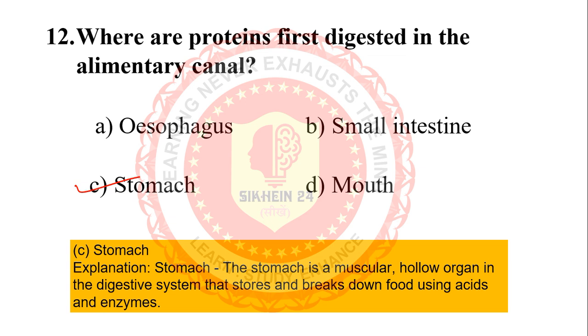The stomach is a muscular, hollow organ in the digestive system that stores and breaks down food using acids and enzymes. How is the food protein broken down? Using acids and enzymes. So it is very important.